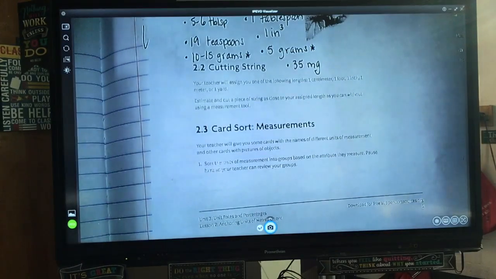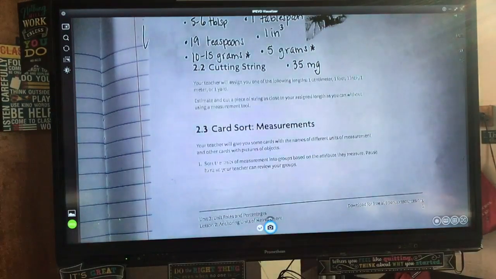No, not yet. Like a centimeter. Well, I couldn't, I don't think my foot is big enough for an actual foot.